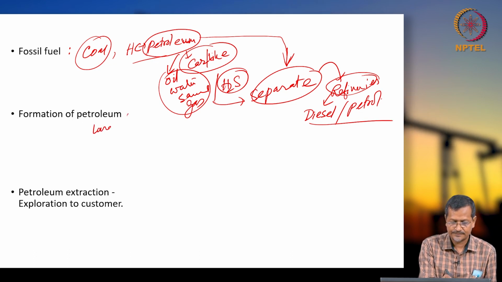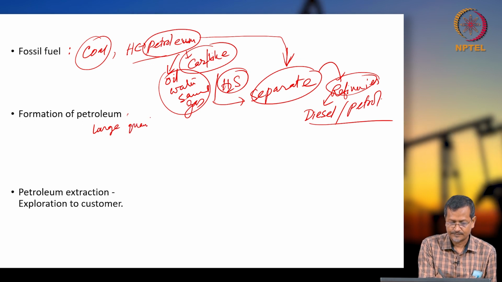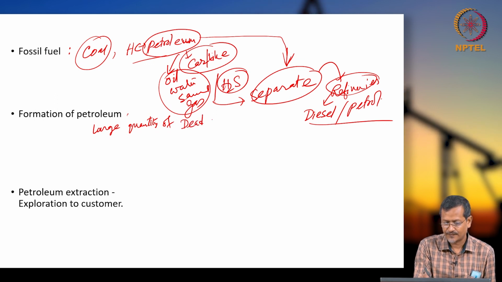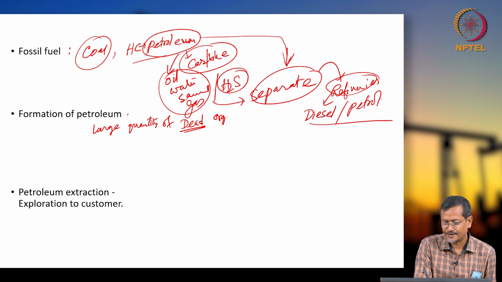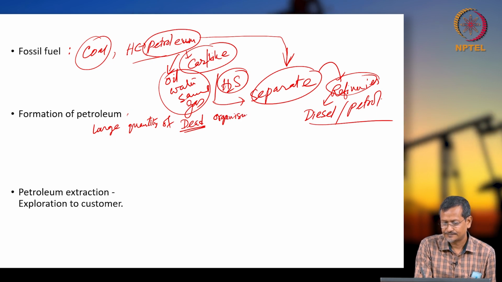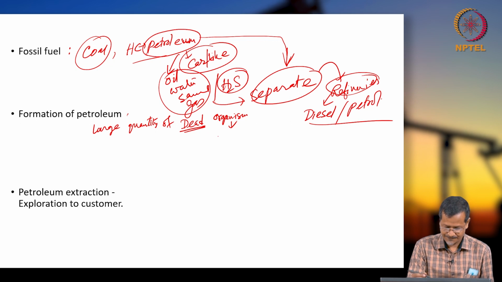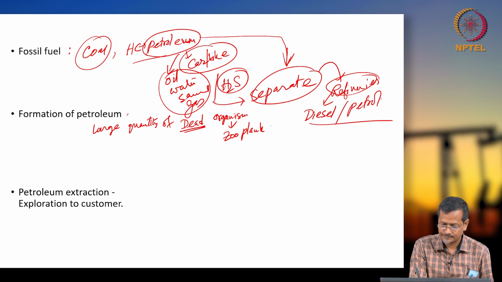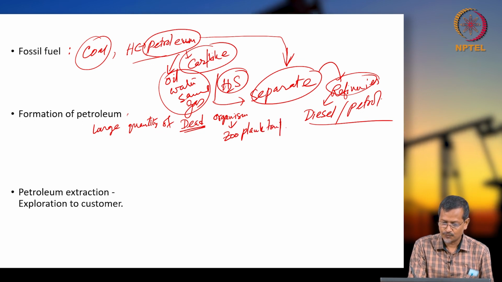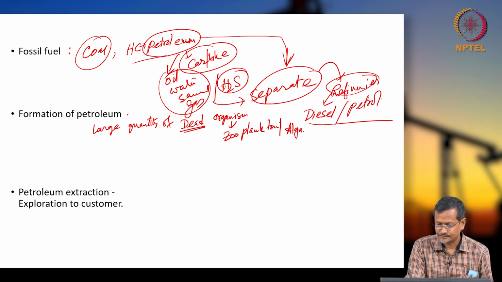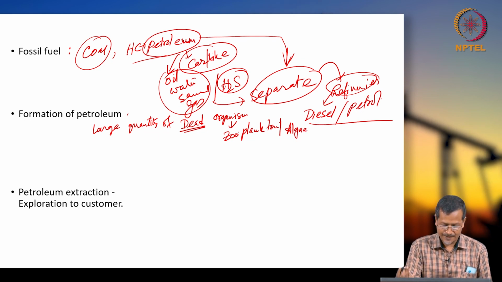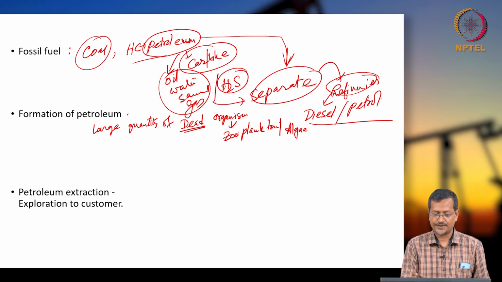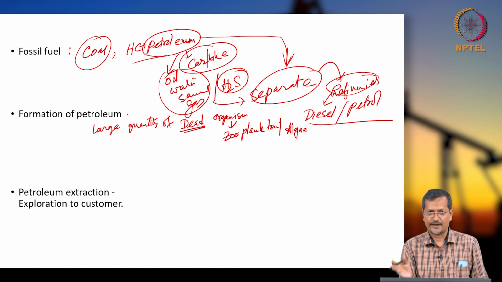A large quantity of dead organisms, mostly zooplankton or algae, deposited and buried underneath sedimentary rock, and subjected to both prolonged heat and pressure. Because of this, chemical changes happened, and you got petroleum.